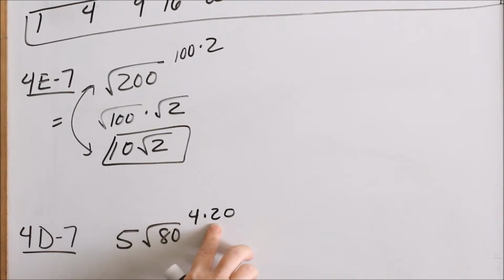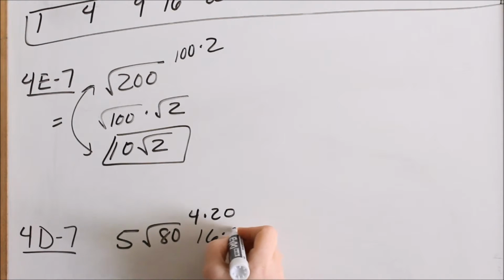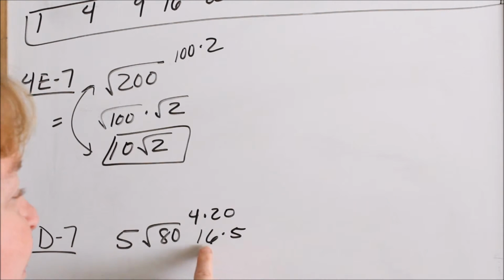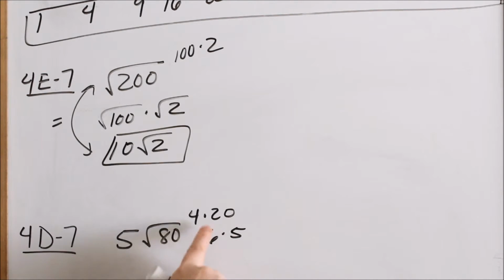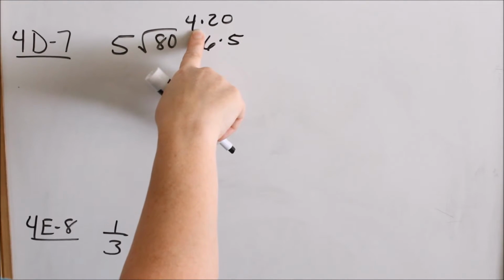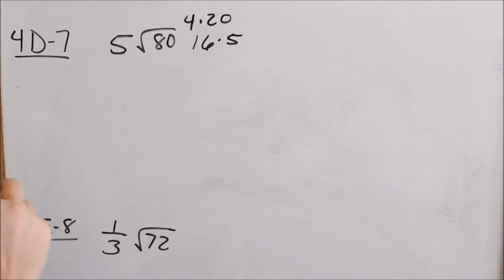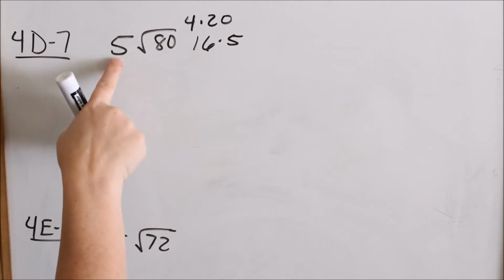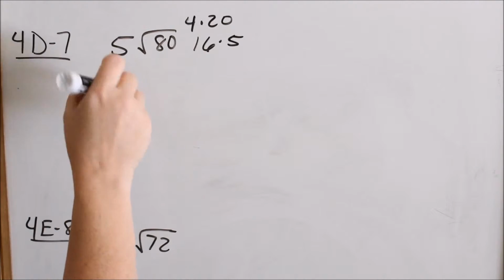Okay? So, let's see. I think I could use 16 times 5. But let's just say, instead of going with 16 times 5, I went with 4 times 20. I just want to show you that if you don't simplify it all the way, you just have to keep simplifying. So don't lose your 5. Keep writing your 5 in front.